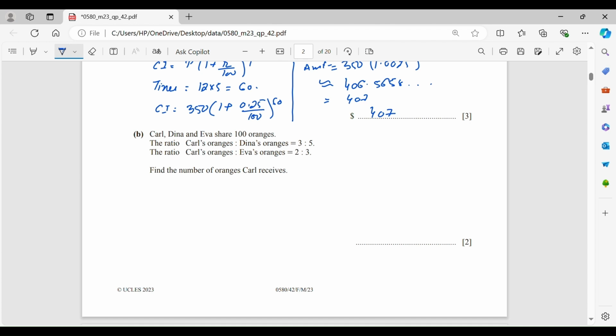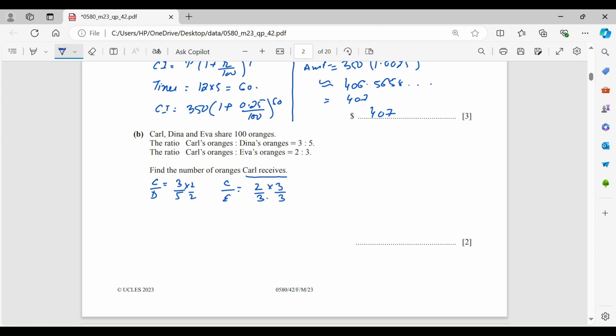For this we have C by D equal to 3/5, and C by E equal to 2/3. So we have to multiply this by 2 and this by 3 so that we have a common ratio.